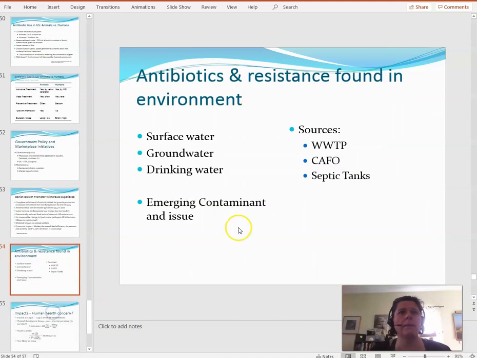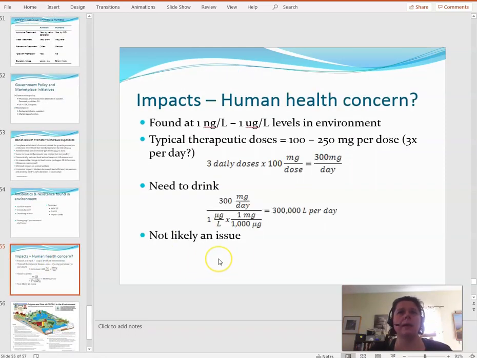And then, the antibiotic sources, we can find in surface water, groundwater, and drinking water. The sources are generally CAFOs, septic tanks, and wastewater treatment plants. It's an emerging concern. But one thing I always like to point out is, if you drink water with antibiotics, are you getting a therapeutic dose? Well, let's do some math here.